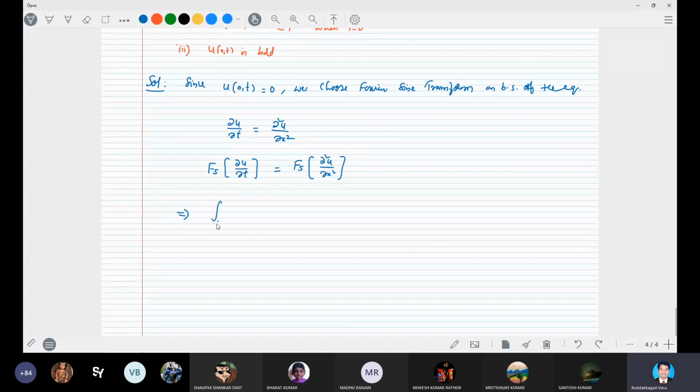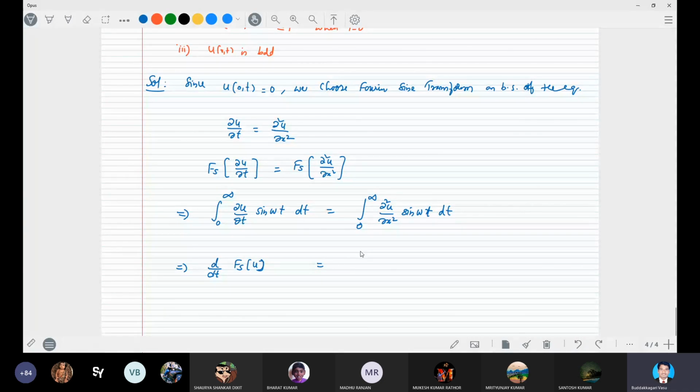That means by definition we can write the integral from 0 to infinity of du/dt sin(omega x) dx is equal to the integral from 0 to infinity of d^2u/dx^2 sin(omega x) dx. Here that becomes d/dt of F_s(u), is equal to this one.